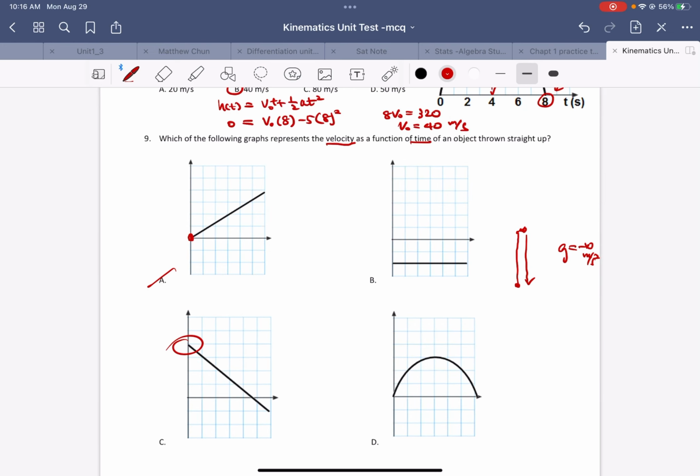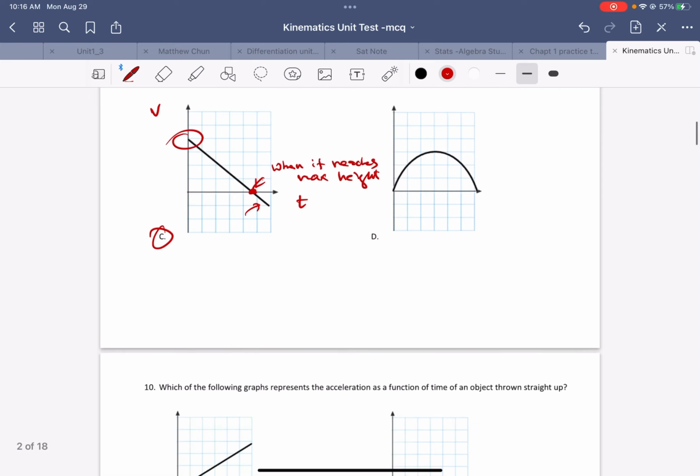And then at a certain point your velocity is 0. So this is when it reaches maximum height. Then your velocity is 0, and then now it becomes negative, because it falls back down to the ground. So the answer is C for this number.